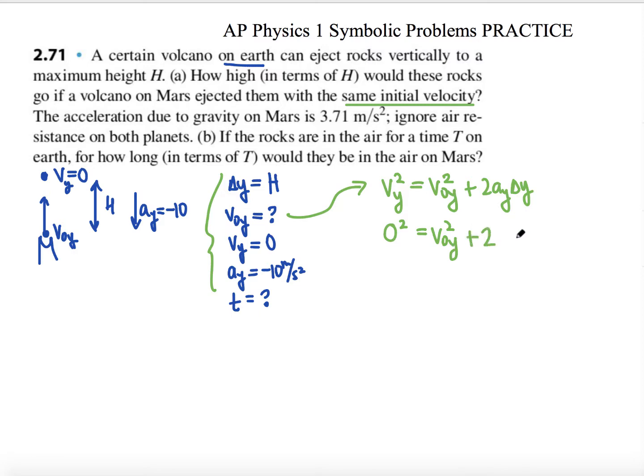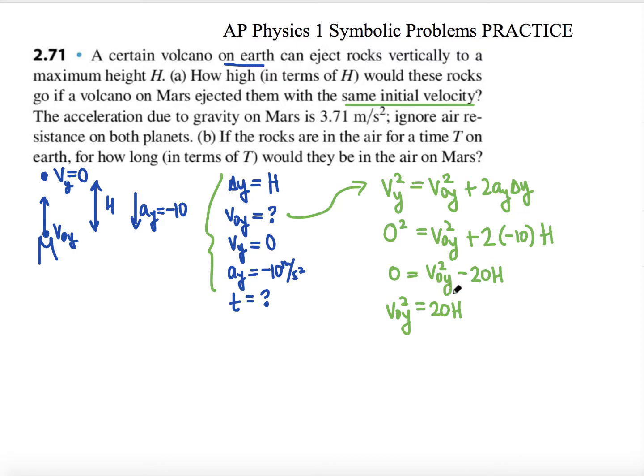We have a 2, we have negative 10, and then we have delta y, which is just capital H. So let's simplify this. 0 is equal to v initial y squared minus 20 times h, and we can rearrange this and say that v initial y squared is equal to 20 times h.